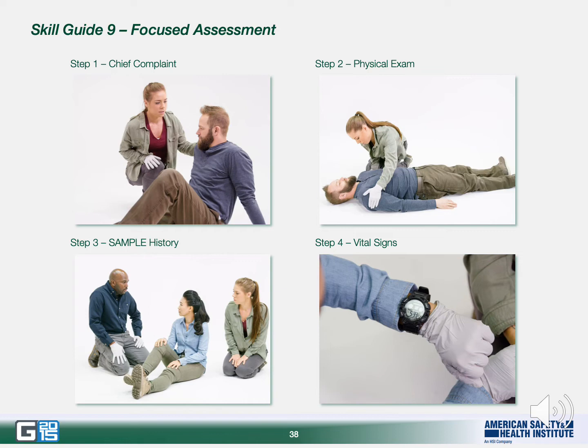All right, so here she's in step 1. She's talking about the chief complaint because she's already introduced herself and ruled out the A, B, C, D, E. So then step 2, she has him lie back and she's doing a head to toe physical exam. There she is checking his shoulders out. And then step 3, they're doing a sample history.